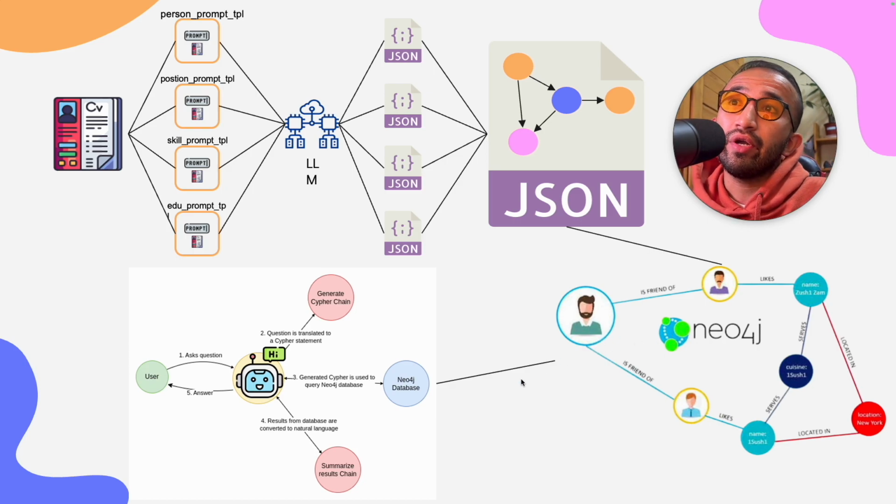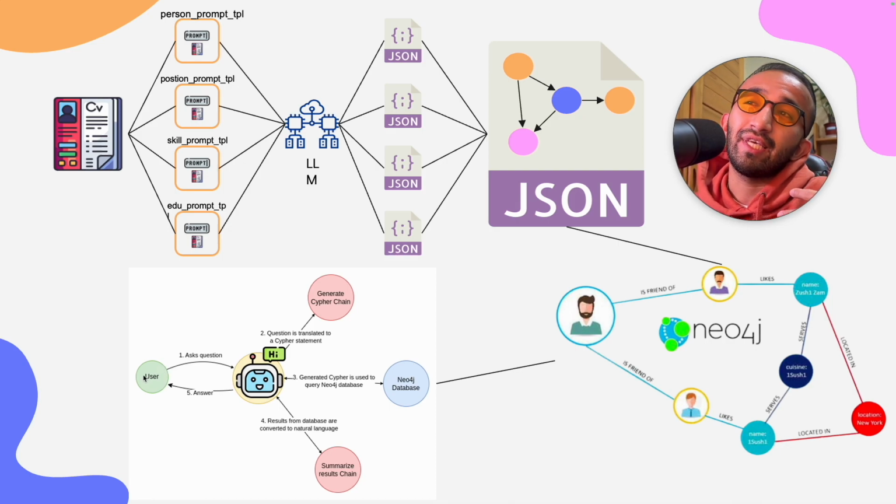And from there, we can connect something called LangChain. LangChain is a robot in the middle, you can see, and a user, let's say me, asks a question. I can ask how many people can code in Python, and this LangChain is going to do the following things for me. After I ask a question, it's going to translate my question into a Cypher statement.